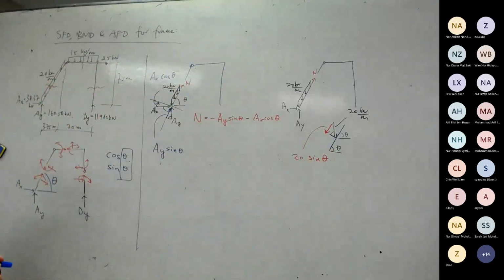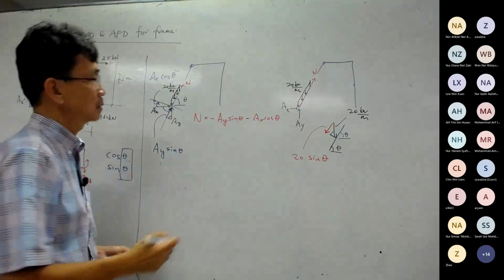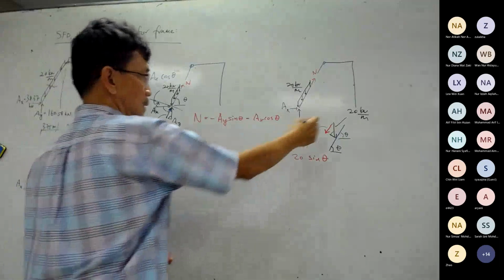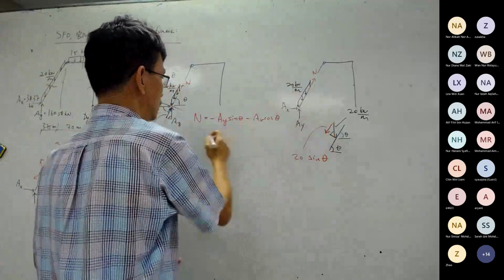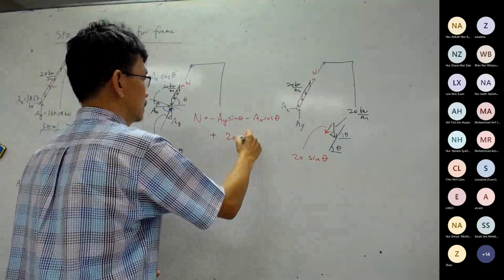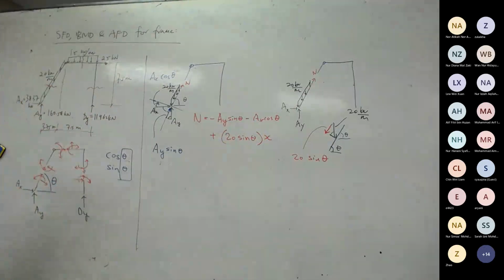Okay. So to get the axial force, and this is acting like this, so it becomes plus 20 sine theta multiplied with x.